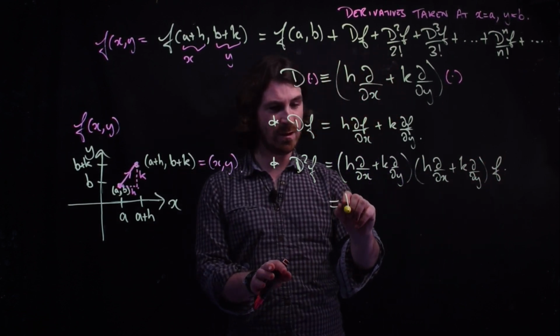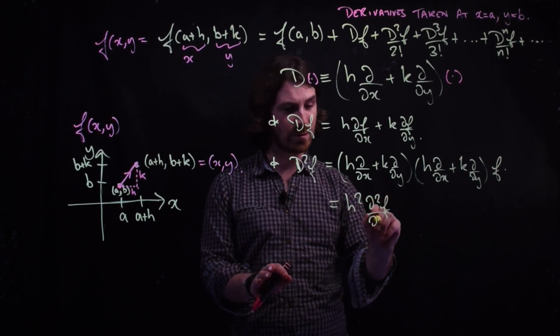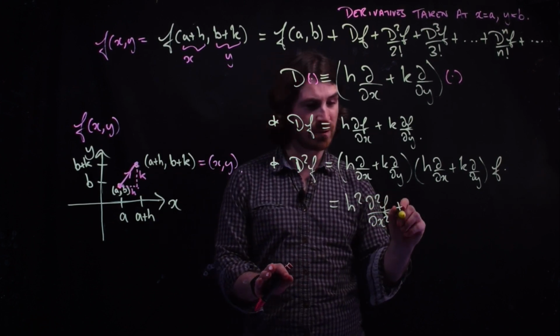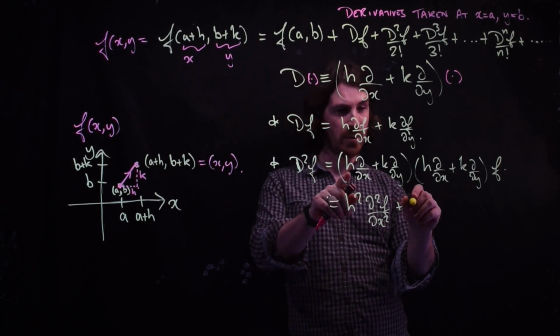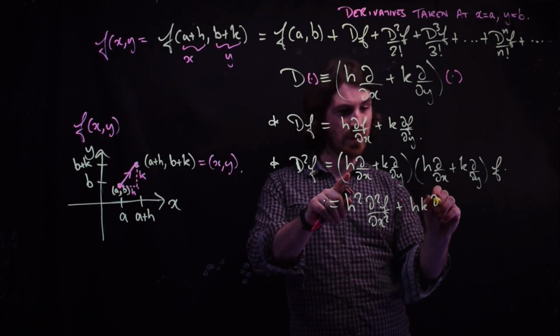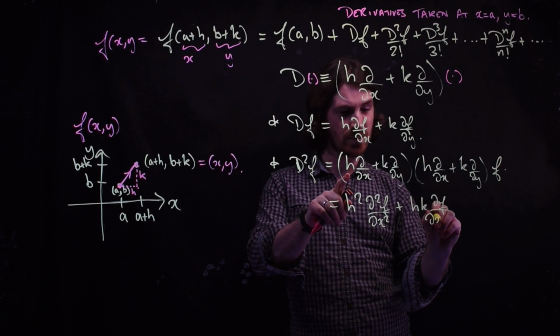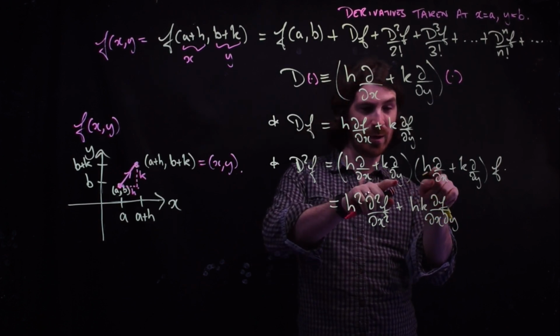So this gives us h squared d2f by dx squared plus the cross terms, hk d2f by dx dy plus kh d2f by dy dx.